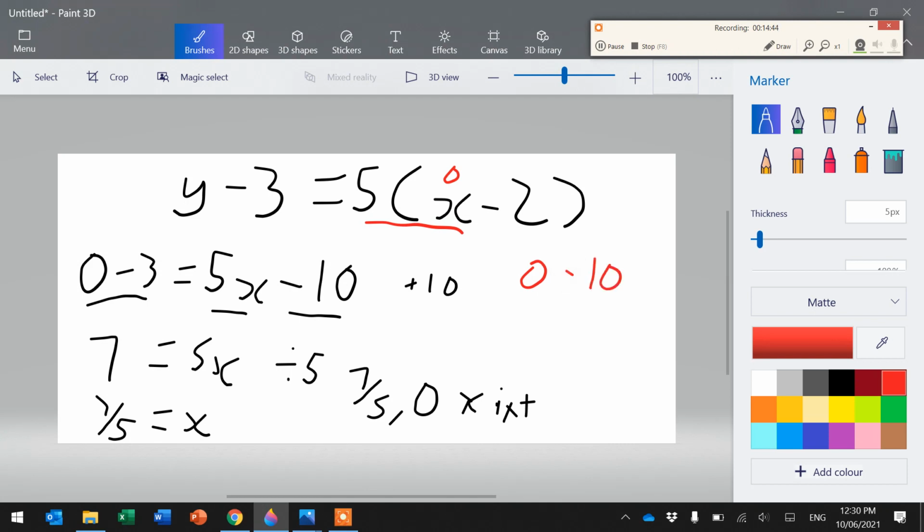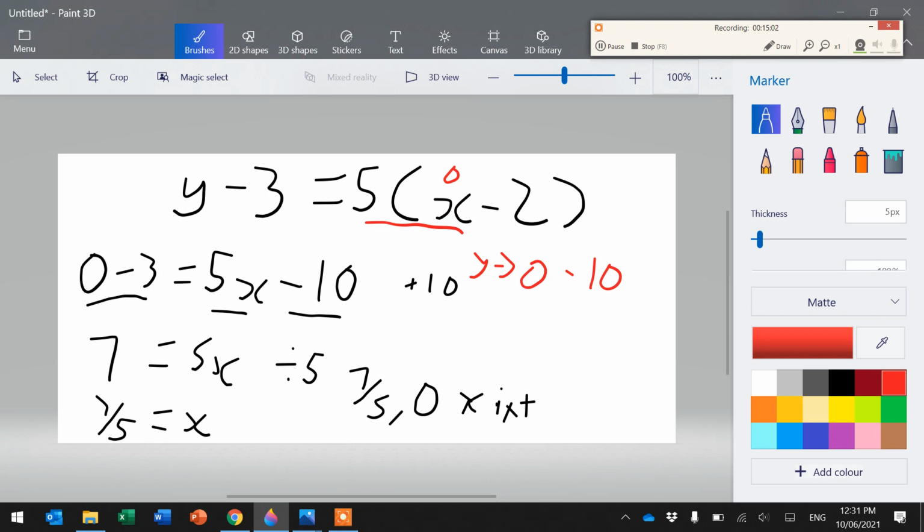So we're going to have minus 10 on one side, and on the other we're going to have y minus 3, and the equals in the middle.